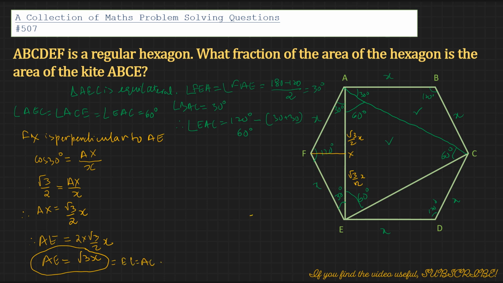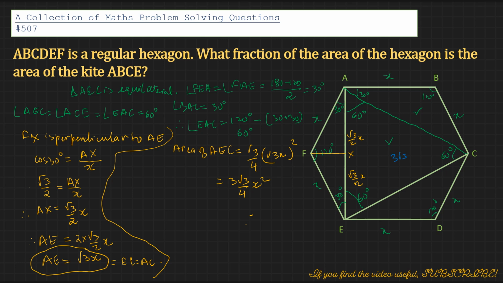So we can say that the area of the equilateral triangle AEC equals √3 out of 4 times side squared. So the side is √3 x, squared. So that would be 3√3 out of 4 x squared. So that's the area of the equilateral triangle.